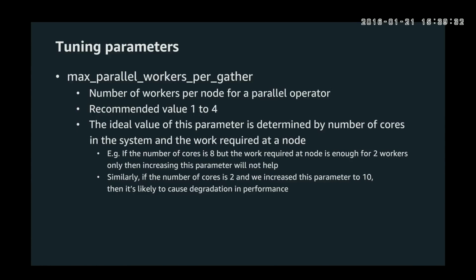And the other aspect to think of is if you have systems with a lesser number of CPUs, but a particular node requires 8 or 10 parallel workers to scan that efficiently, because let's say you have 1 million rows, then you might start overloading your system because you have only two CPUs to work on, but you have 10 workers in your parallel query. So this particular parameter controls how many workers per gather you can have. One of the worst things you can do is to enable parallel query, have a lot of workers, but a small number of CPUs, and you're going to become CPU bottlenecked.